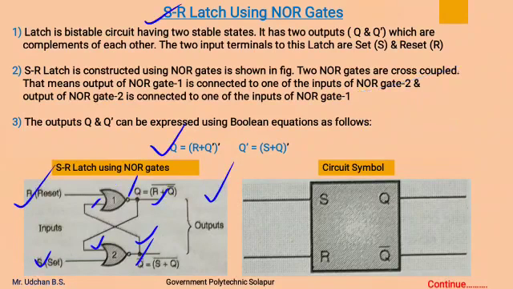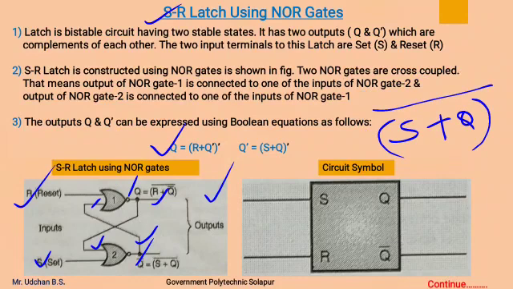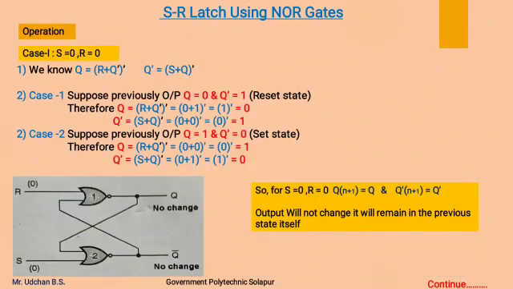Again, the output of NOR gate 2, Q complement, can be written as (S plus Q) whole complement, as NOR gate 2 has two inputs S and Q. This is the circuit symbol of the SR latch, showing two inputs S and R and two outputs Q and Q complement. Now we will see the operation of the SR latch.